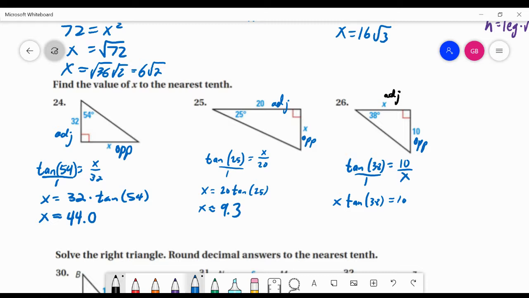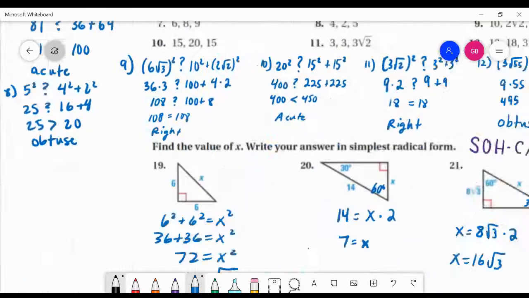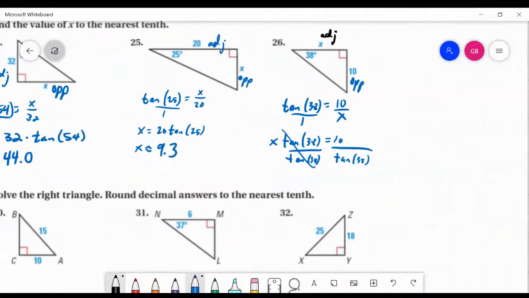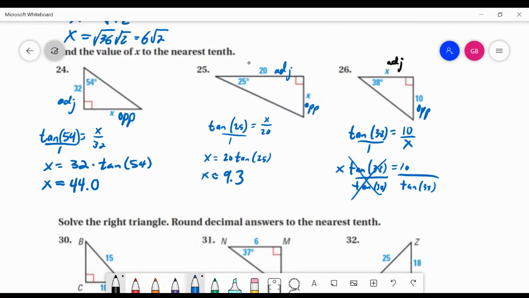You have to divide by the tangent of 38 to get x by itself. Okay. We divided by the tan of 38. So now you're going to punch in 10 divided by the tangent of 38 degrees. And that should give you approximately 12.8.